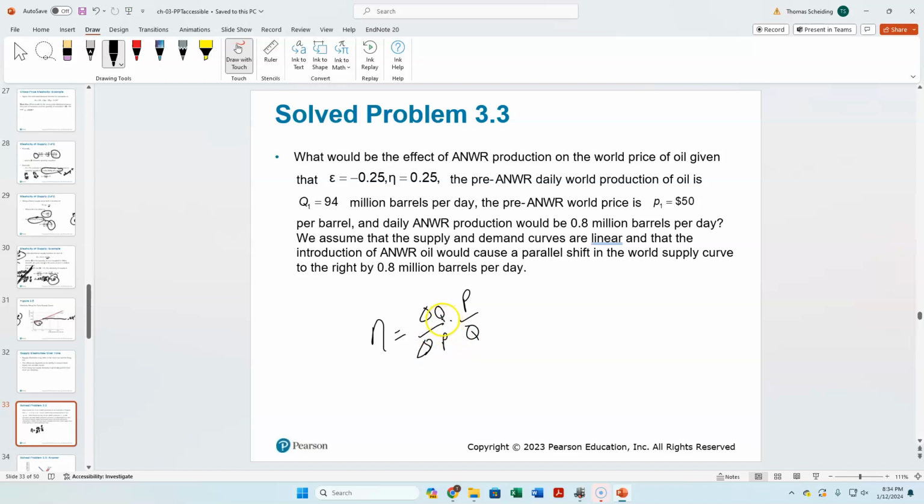Now what we can do is start to put in our variables here to find our shift.